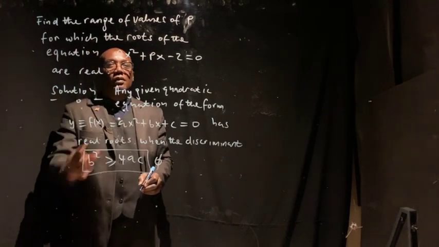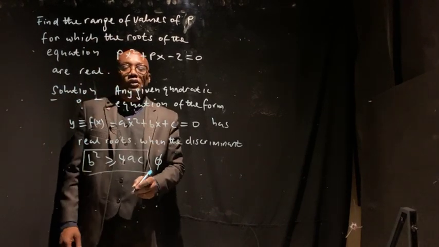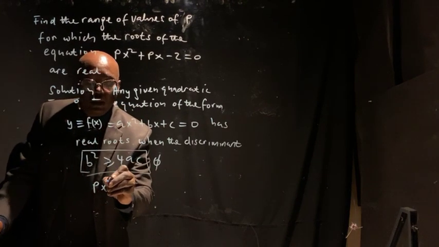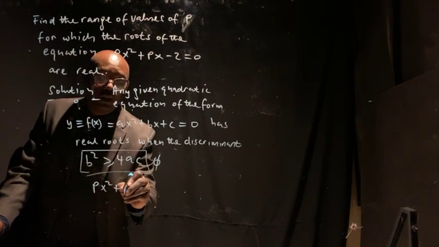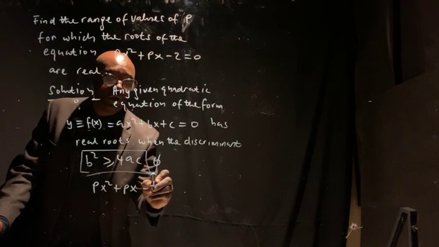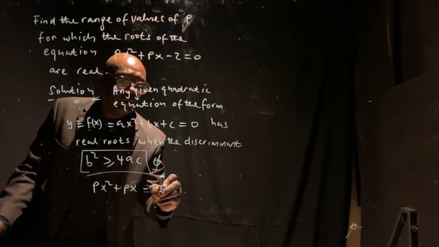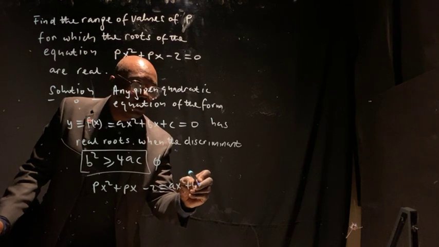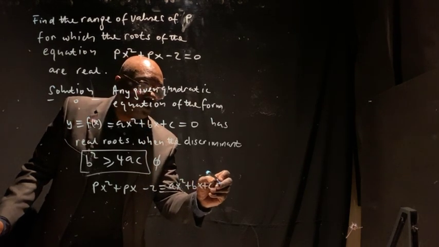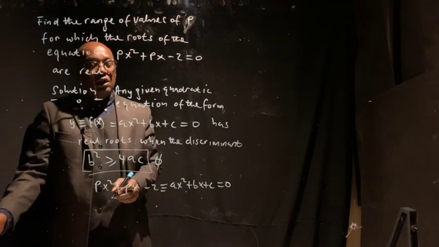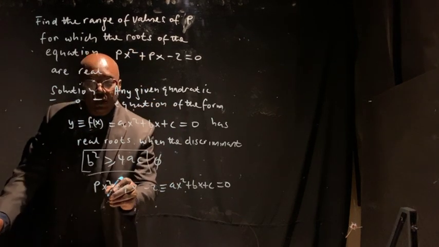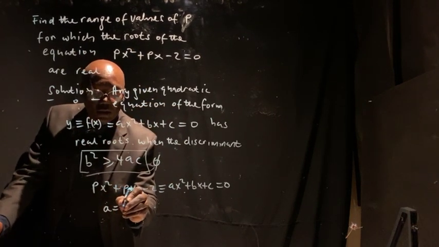Then we get back to the quadratic equation that is given. So we were given px squared plus px minus 2, very much identical to ax squared plus bx plus c equals 0. Comparing the coefficients of x squared, we can see that a is equal to p.